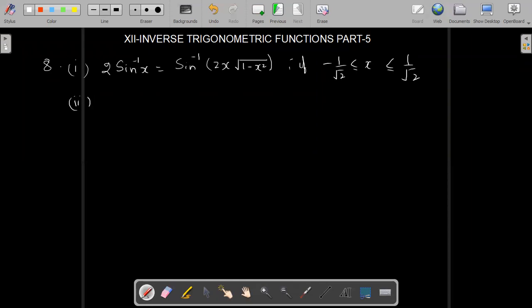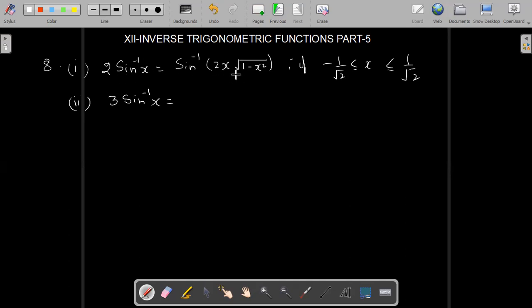Similarly, if 3 is there, these proofs we can see later on. Firstly, I'll write all the formulas. In sin inverse of x equals sin theta, you can see this 2 sin theta cos theta, and 1 under root 1 minus sin square theta means cos theta.